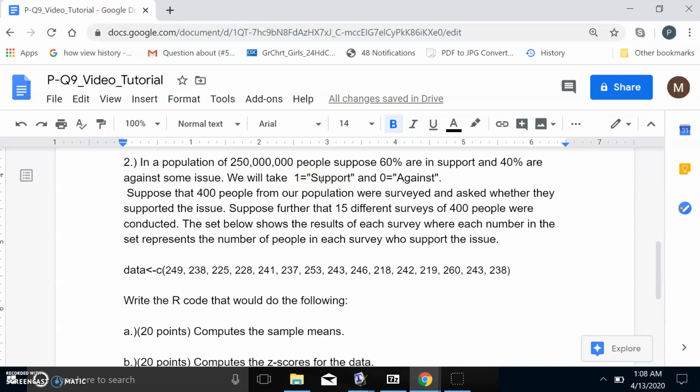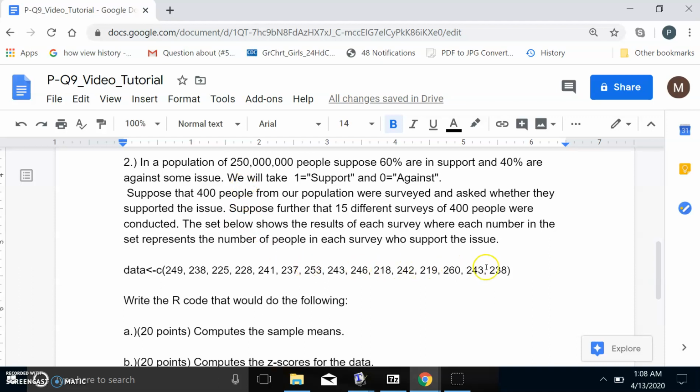If a person says they support, they'll record it as a 1. If a person says against, they'll record it as a 0. So say the first student, their number is 249. That means 249 people in their survey supported the issue, and the next one is 238 for this student, and so forth. So this is an example of a binomial experiment.